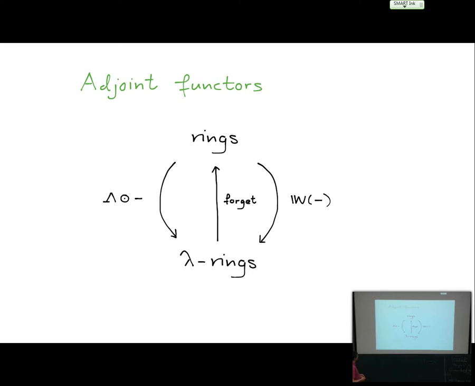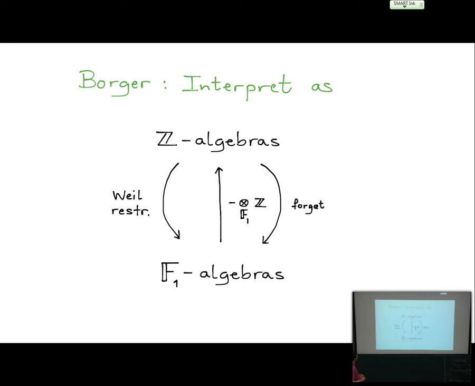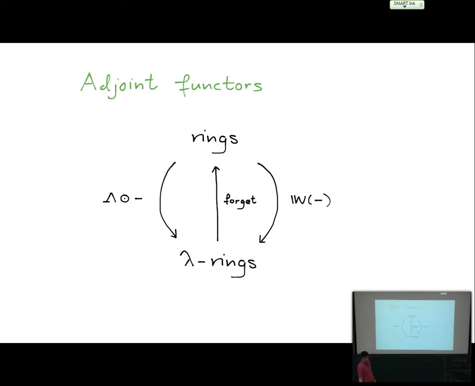And so Jim Borger has suggested that we should interpret the lambda ring structure on a commutative ring as descent data to some deeper base. For the purpose of this talk, I will call that F1. And then we should think of this previous picture like this.